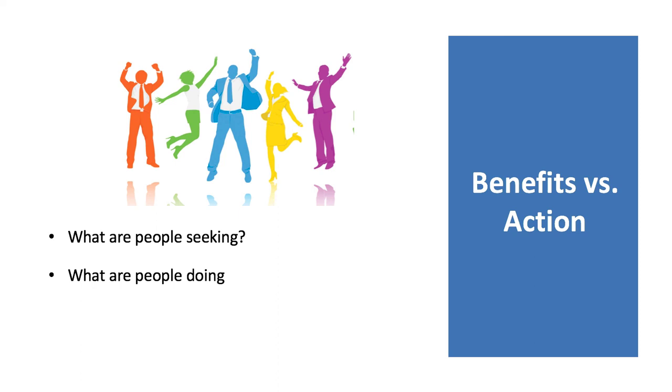But when considering action, we are looking at what various individuals or groups are actually doing. What they may do may be more easily observed than what they think. And that helps us reach those customers.